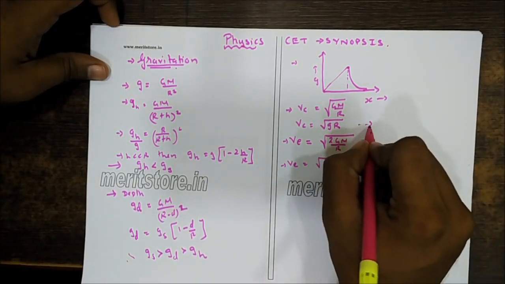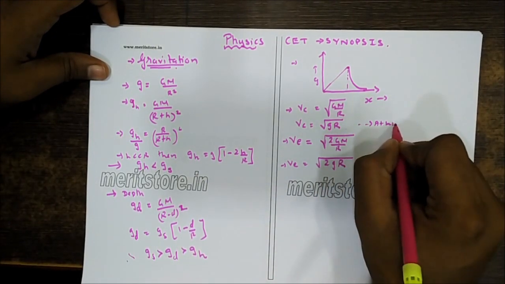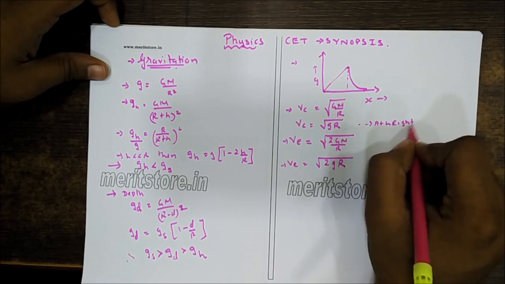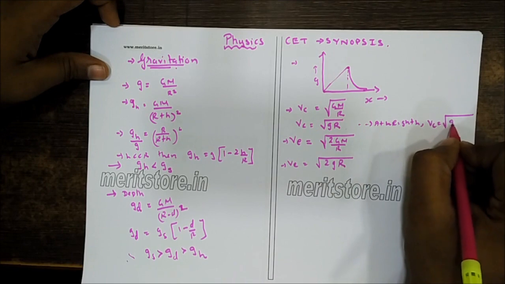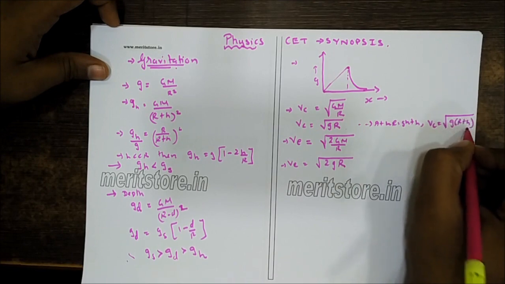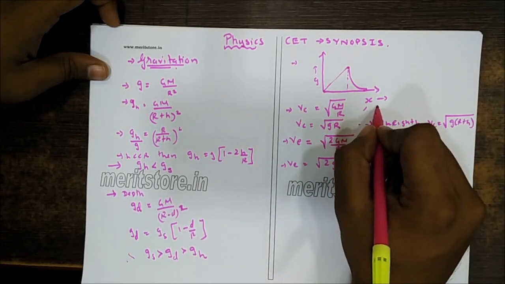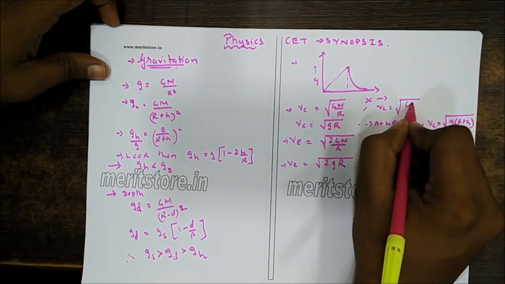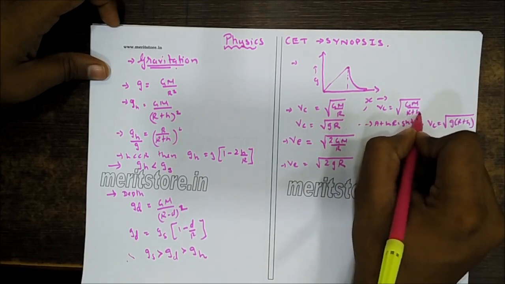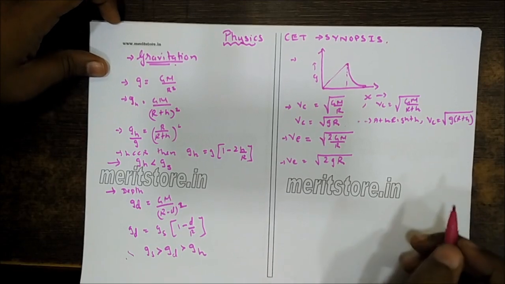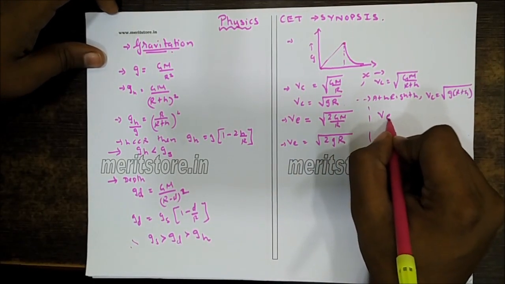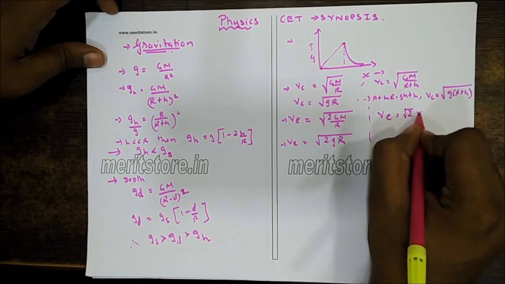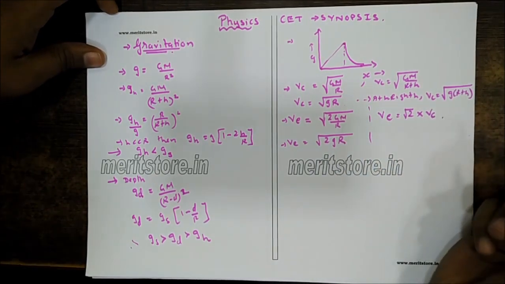If we talk about at height h, the formula for Vc is equal to under root of g into (R plus h). Over here this will become Vc is equal to under root of GM upon (R plus h). The relation between Vc and Ve is Ve is equal to root 2 times Vc.